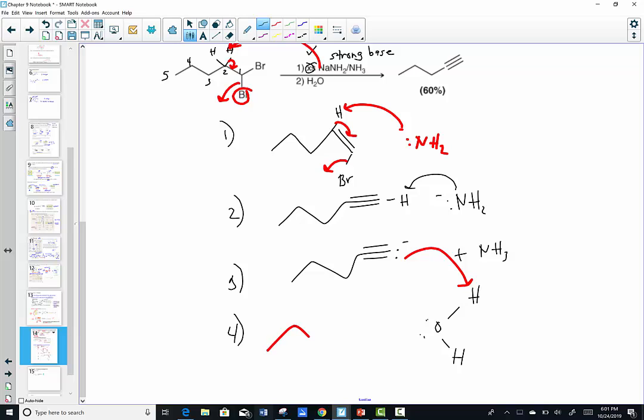And so finally, with that last treatment, we end with a neutral alkyne. I still have 5 carbons in there. Although, thank you, I should number from the other direction. Carbon number 1, 2, 3, 4, 5.